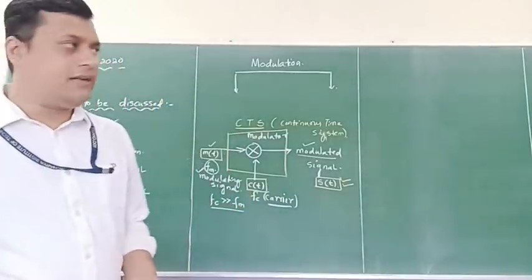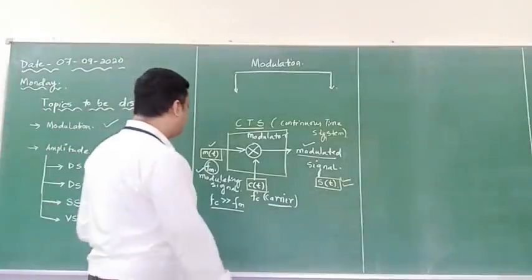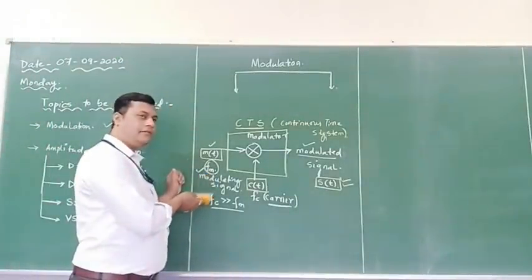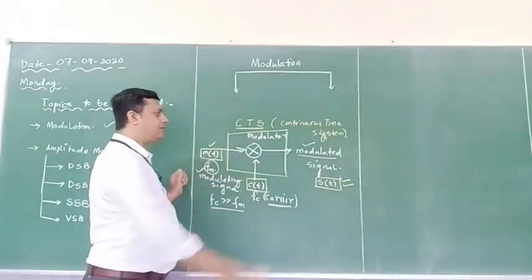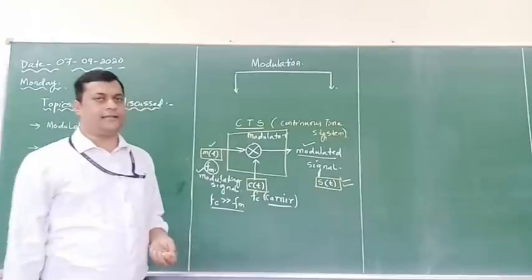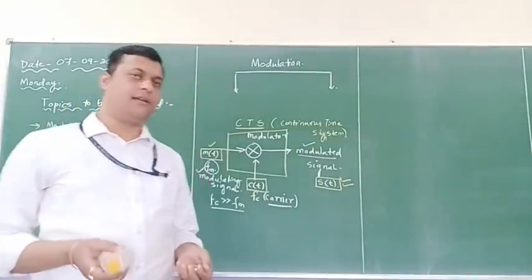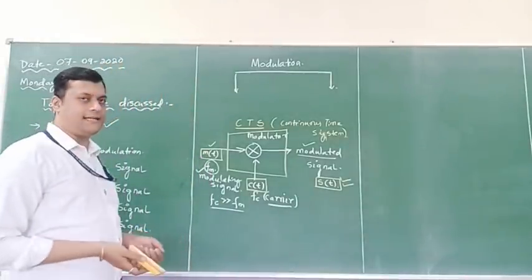With respect to this continuous time system, we can see which one is our modulating signal, which one is our carrier signal, and which one is our modulated signal. These are the basic steps to modulate a particular signal.